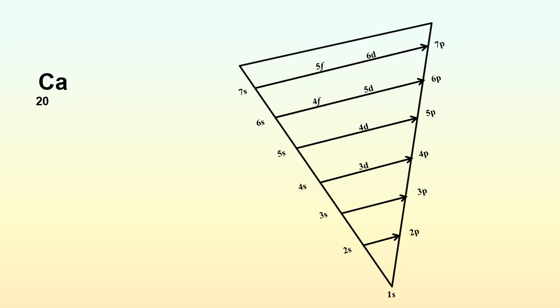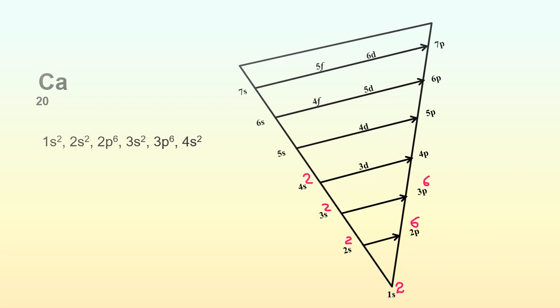Now complete the electrons, starting from lower energy level to higher energy level. So 1s2, 2s2, 2p6, 3s2, 3p6, and 4s2. When we write it in notation form, this is the electronic configuration for calcium.